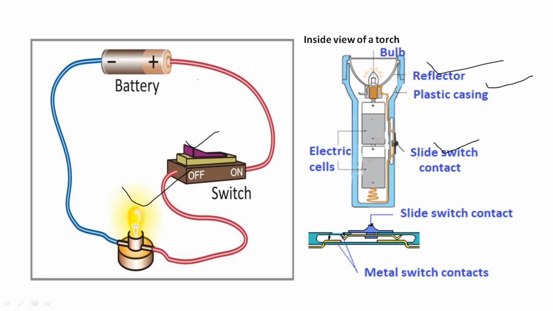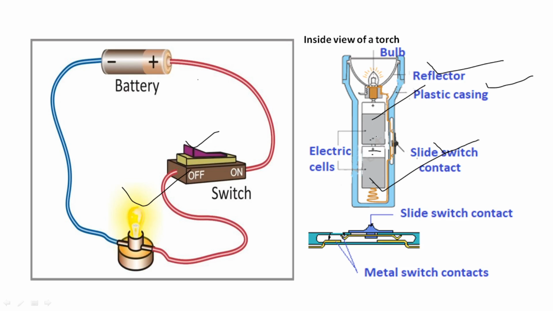Then inside you can put two electric cells, that is, the batteries you are putting. Look at above here: here is your positive terminal, next negative. Then after negative, what have you attached? Positive terminal, then negative. If you put negative here, and here is also negative, and here is also negative, and you switch on, does the bulb glow?